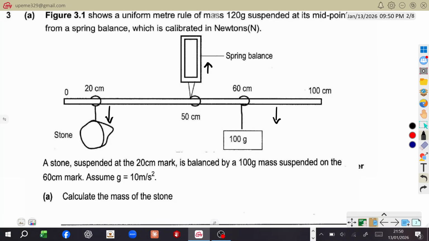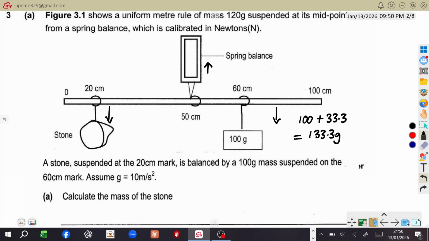So you add 100 plus 33.3, which will be equal to 133.3 grams.